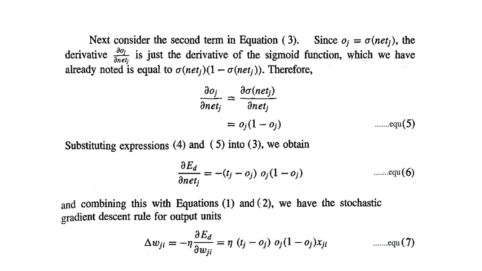Combining this with equations 1 and 2, we have the stochastic gradient descent rule for output units: Δw_ji is equal to minus η ∂E_d/∂w_ji, which is equal to η (t_j minus o_j) o_j (1 minus o_j) x_ji.